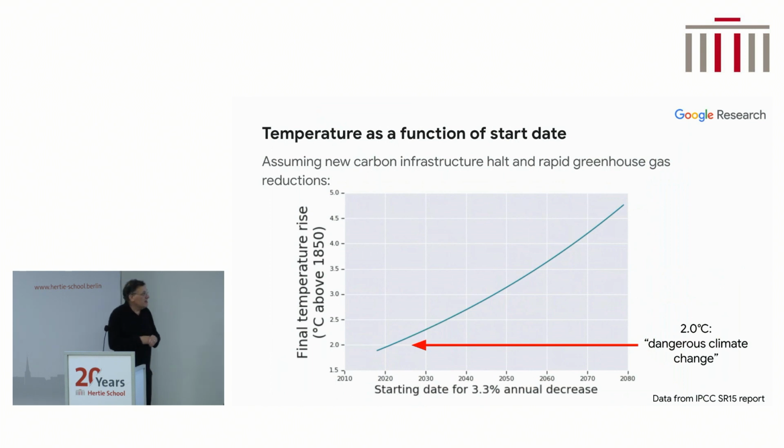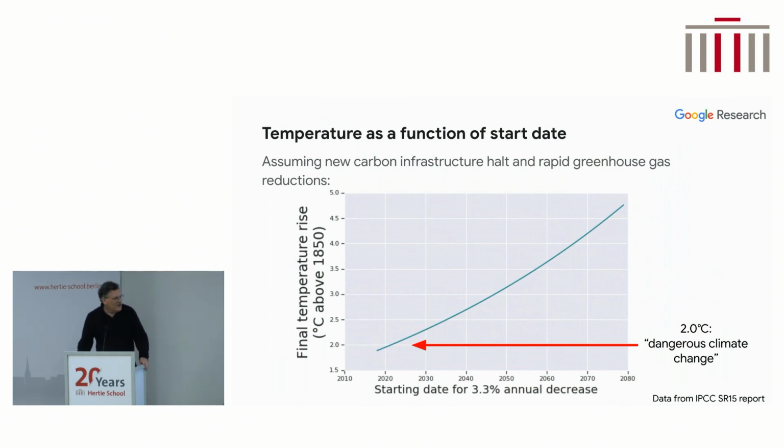The other way of plotting it is, when do we declare no new fossil infrastructure? If that's the route we're going to take, not going to be radical, we've already kind of passed the 2 Celsius point, just barely. And so, as we delay year by year, we're going to get 2.1, 2.2, hopefully we'll stay below 3, but it's going to be kind of a knife fight for every tenth of a degree Celsius between 2 and 3.